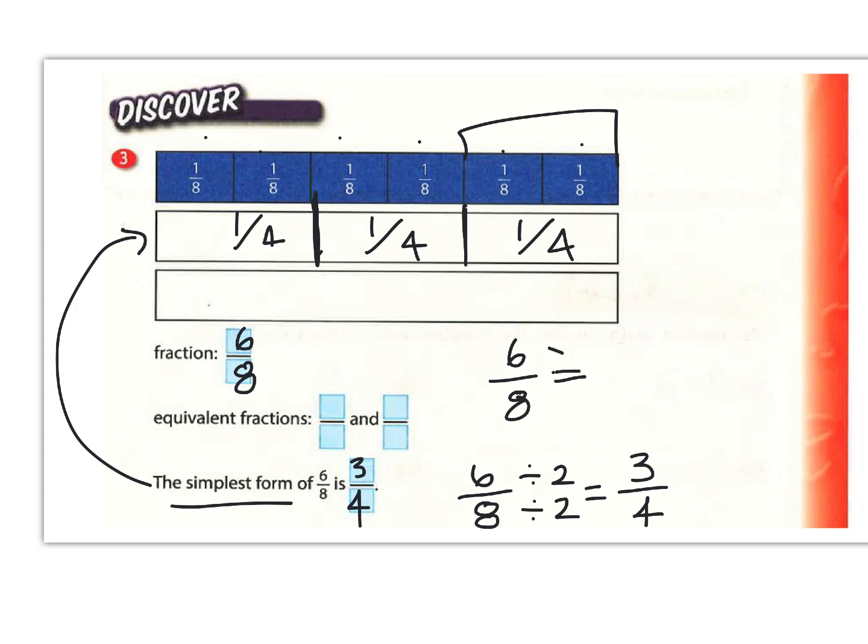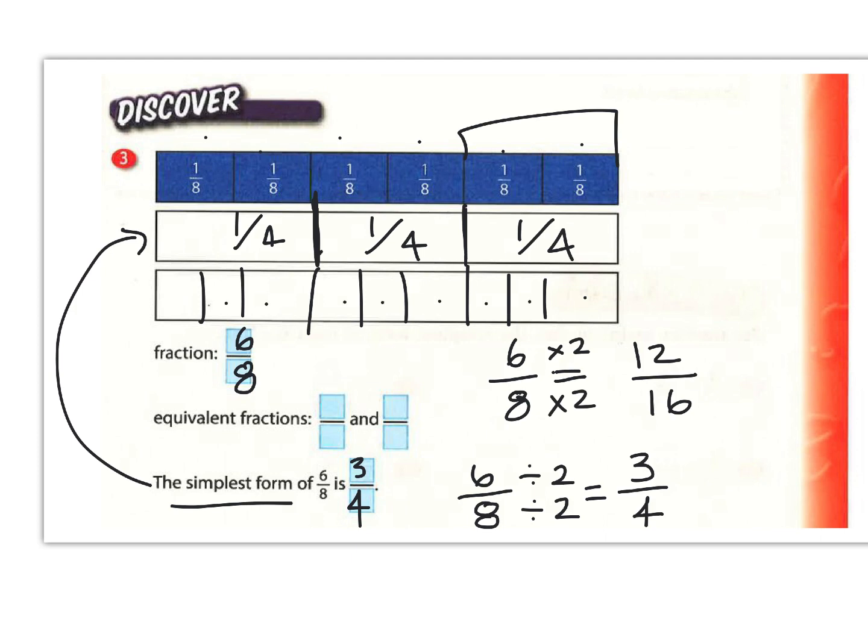If we now multiply by 2, we get 12 over 16. So we would have to make 12 pieces. Oh, that's only 9.